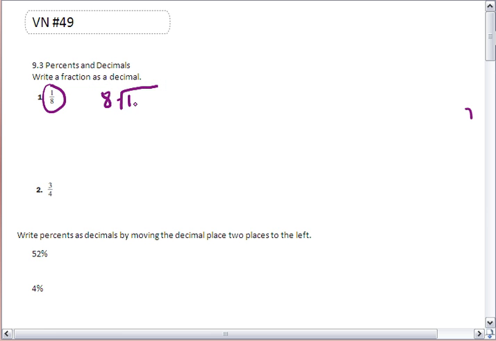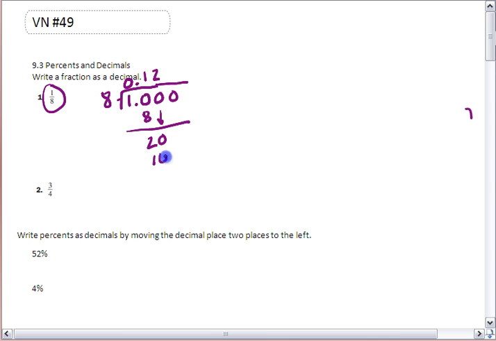Because it's a decimal, I'm going to have to put a set of zeros here. 8 doesn't go into 1, so I'm going to put a 0 here and my decimal point. 8 does go into 10 once, and I get 8. A remainder of 2, and I bring down another 0. 8 goes into 20 twice.